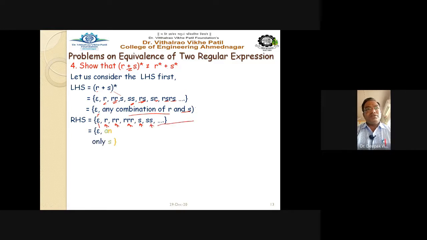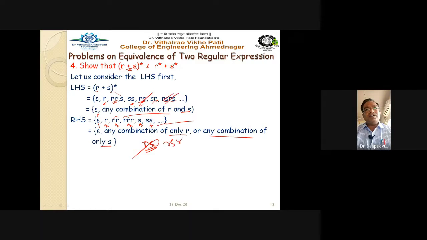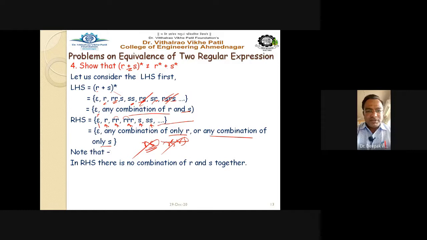So the conclusion is that there is any combination of only R or any combination of only S, but there is no RS term, no RS or SR. You will not find RS here, right? So in RHS there is no combination of R and S together. That's why LHS is not equal to RHS, which is given in the problem statement. It is proved, right?